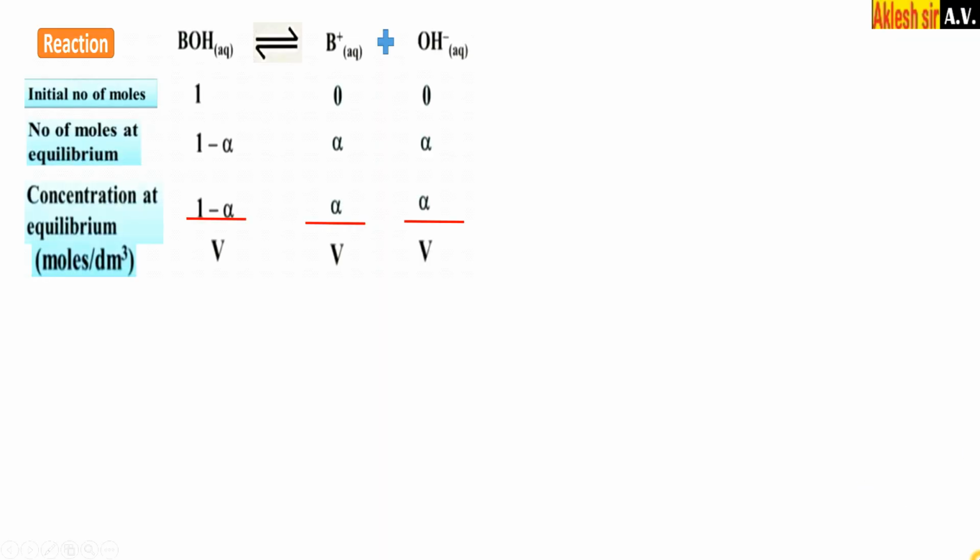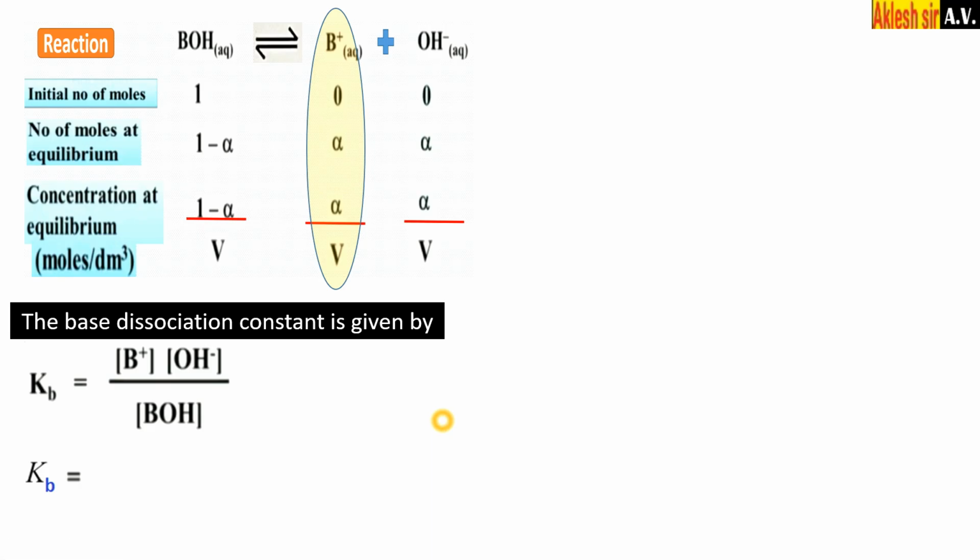So we have seen this reaction. The base dissociation constant is given by Kb equal to the product of B plus and OH minus concentrations upon the BOH concentration.